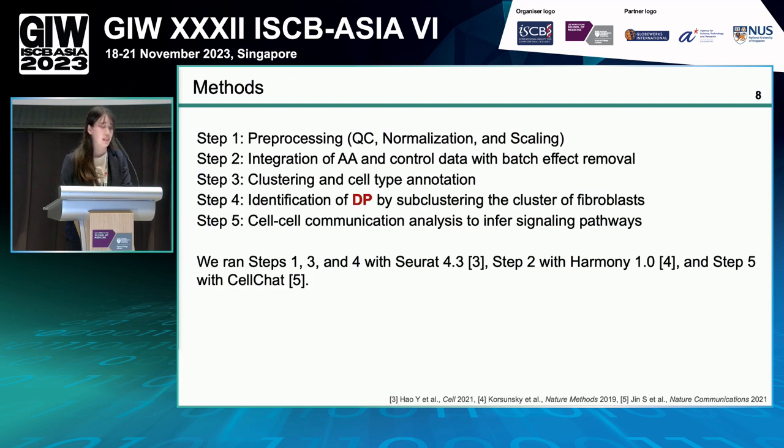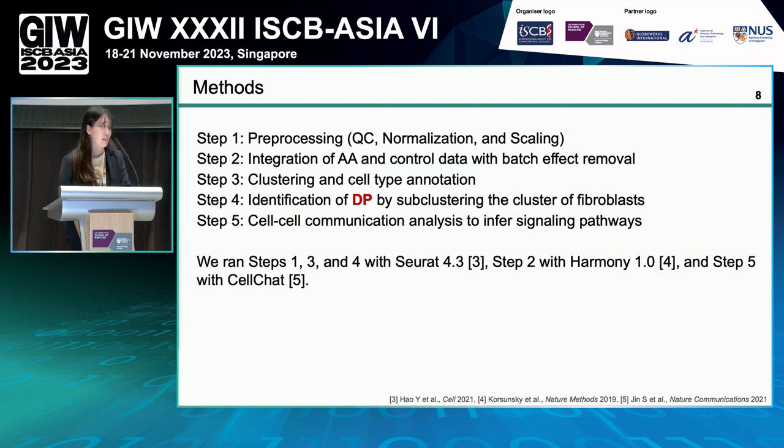I will explain our methods. In step 1, we performed preprocessing, QC normalization, and scaling. In step 2, we performed integration of AA and control data with batch effect removal.